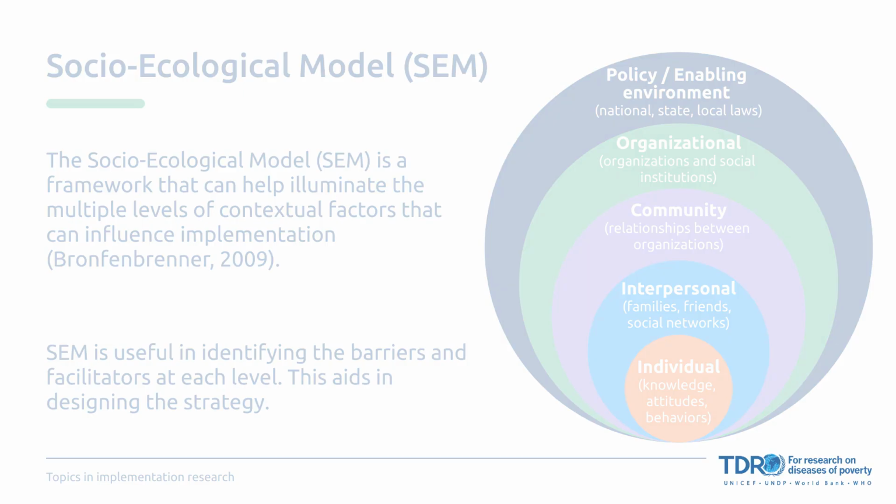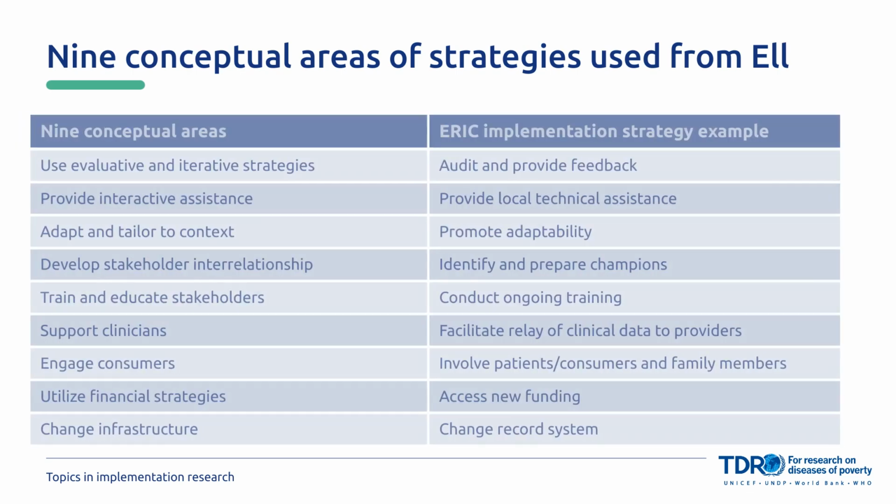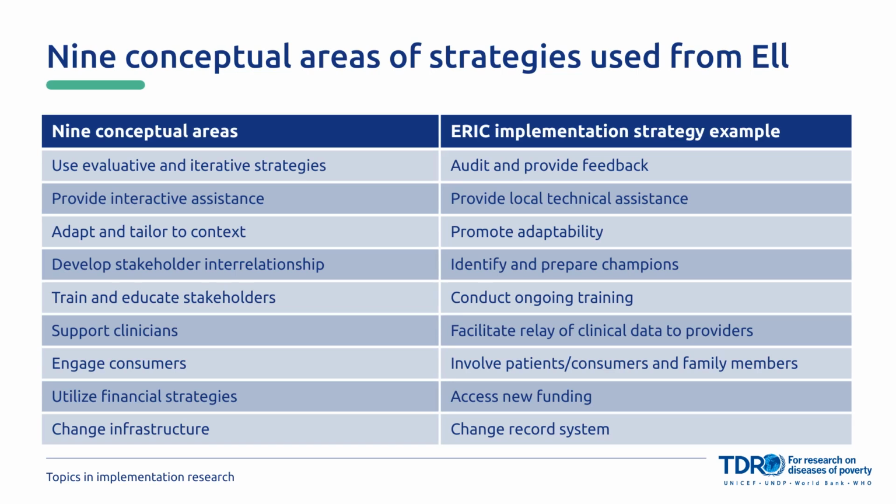The Expert Recommendations for Implementing Change, ERIC, project published a comprehensive compilation of implementation strategy terms and definitions by gathering inputs from stakeholders across implementation science and clinical practice. ERIC comprises over 70 different types of implementation strategies, mapped to 9 conceptual areas.